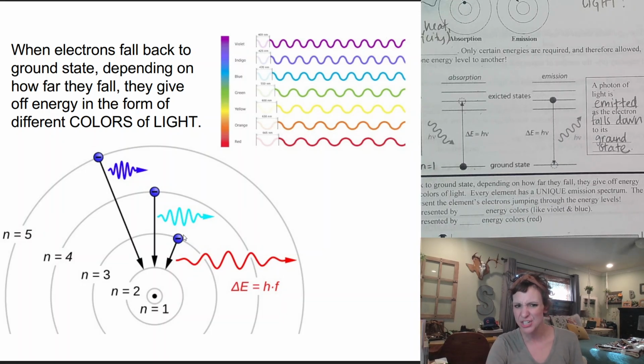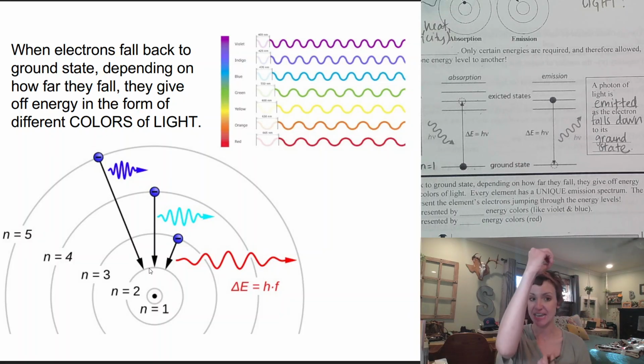If you'll notice this short little jump up and down from energy level 1 to 2 and back down to 1 again creates maybe a lower, sluggish, lower energy light color. But if I'm jumping all the way up here to 5 to fall back, that is a long jump. I bet that's going to require a lot of energy to get up there.